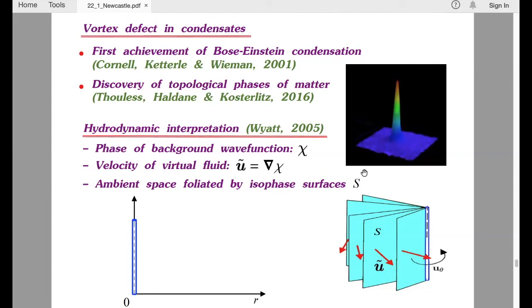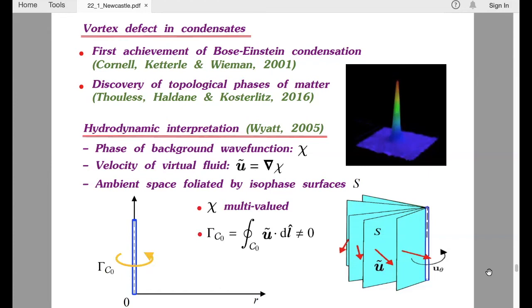They are all hinged on this nodal line. And because U tilde is grad chi, the velocity is just normal to this surface. So you see again that if you go round the nodal line, you will go round with the velocity. So evidently, you may think that there is a circulation. Indeed, chi is multivalued.